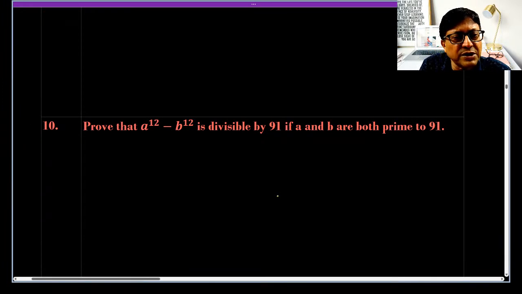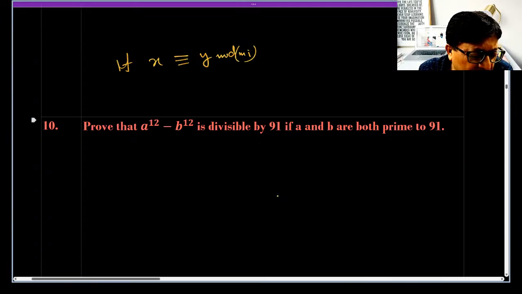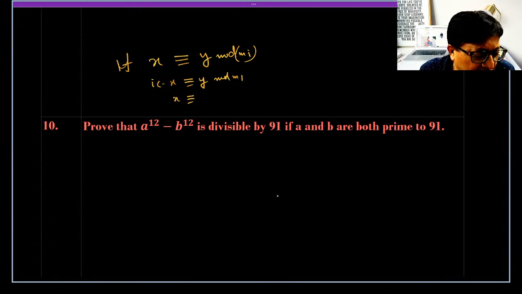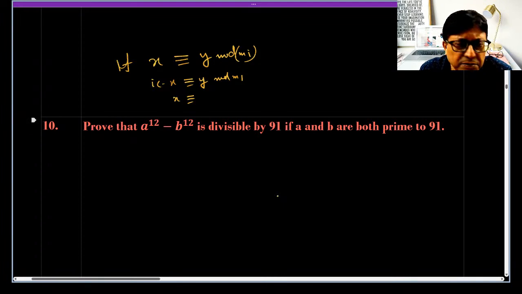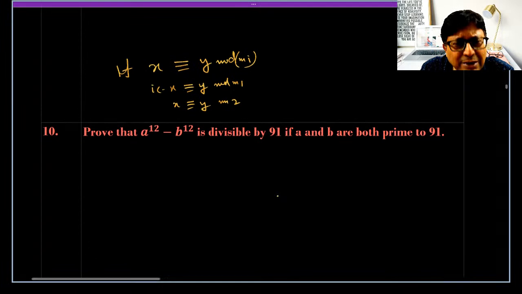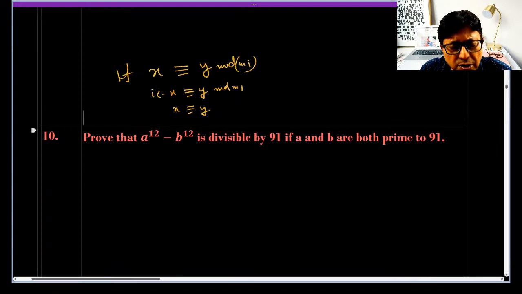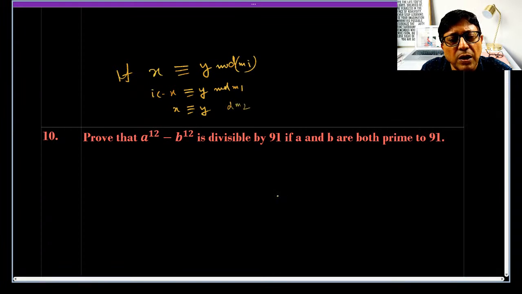We are going to apply this congruency: if x is congruent with y mod m1, x is congruent with y mod m2, and it continues this way, then x is congruent with y mod m1 times m2 times m3.